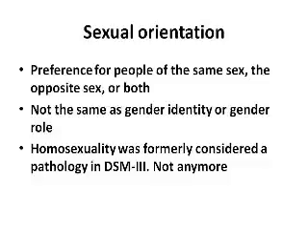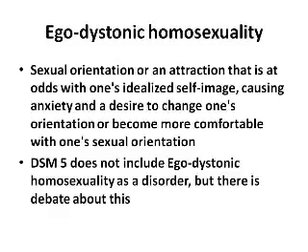Now, although homosexuality is no longer included in the DSM, there is some discussion about whether or not ego-dystonic homosexuality should be included. And ego-dystonic homosexuality is a sexual orientation or attraction that is at odds with one's idealized self-image, causing anxiety or distress and a desire to change one's orientation or become more comfortable with one's sexual orientation.